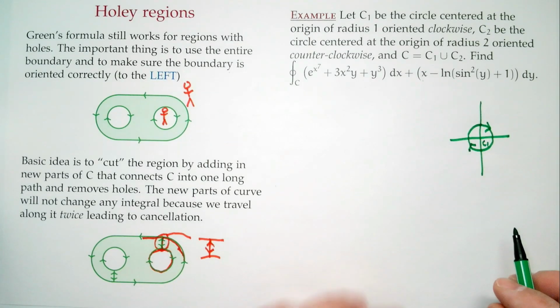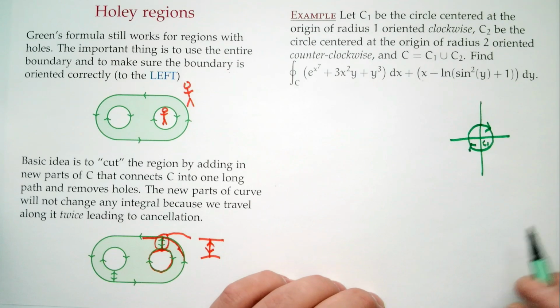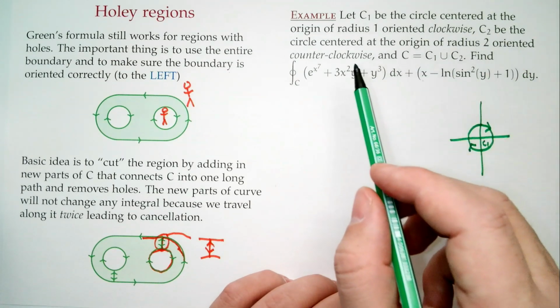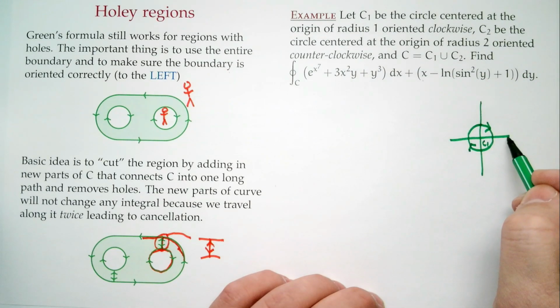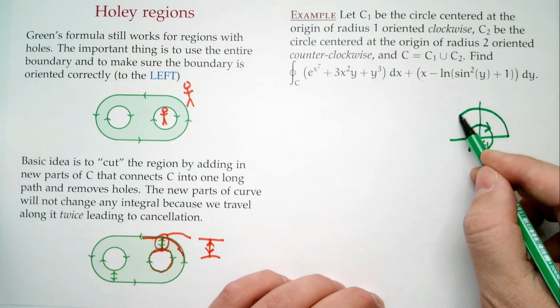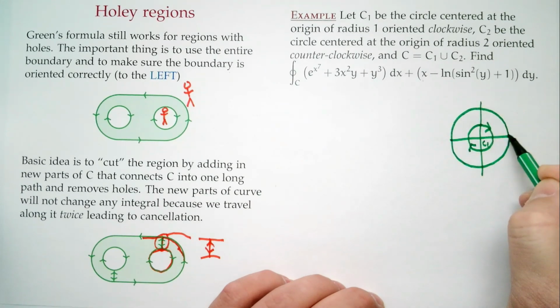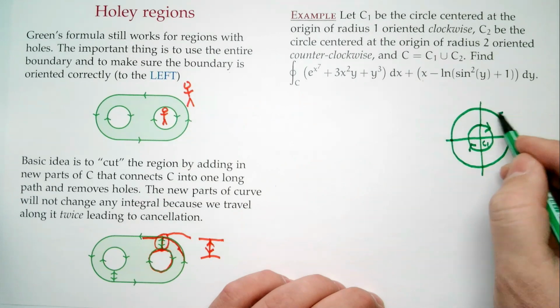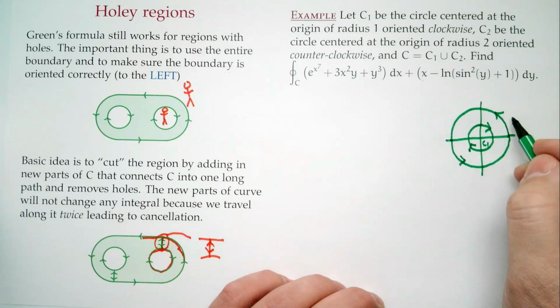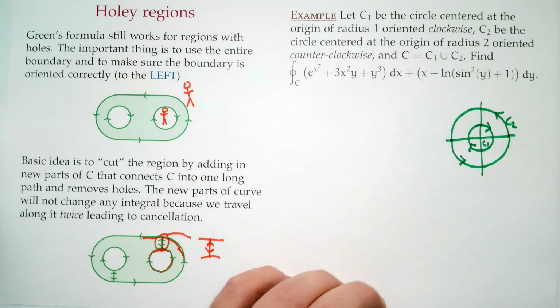Let C2 be the circle centered at the origin of radius 2, oriented counterclockwise. So there's C2, circle of radius 2, counterclockwise. So we're oriented that way. And let C be the union. So C is both these curves put together. It's perfectly fine to take unions of curves which are separate.